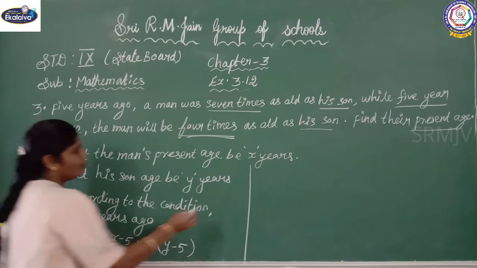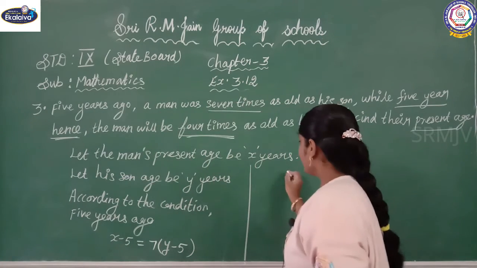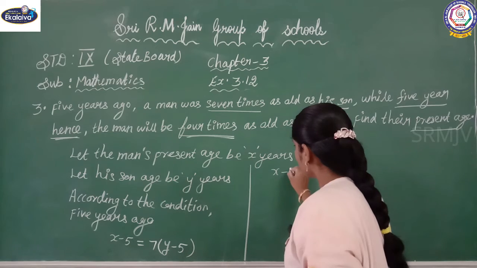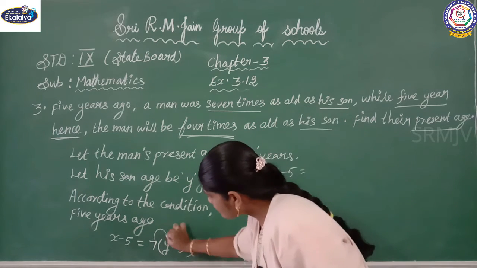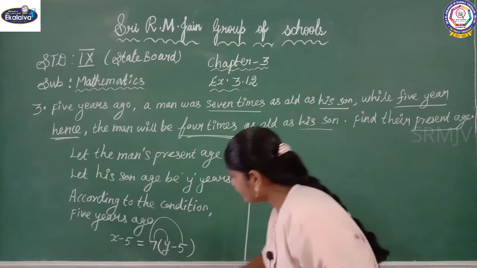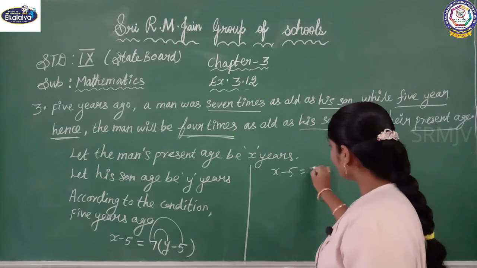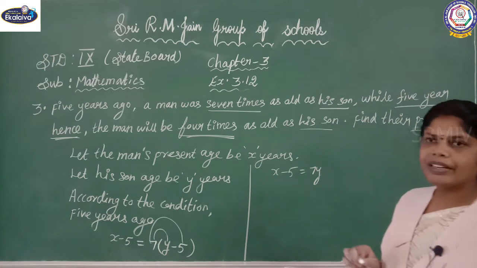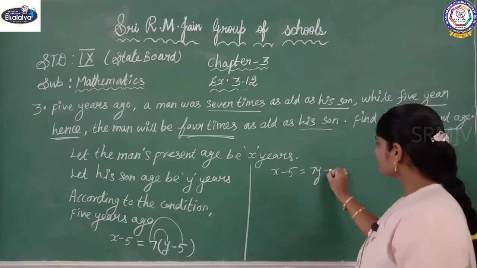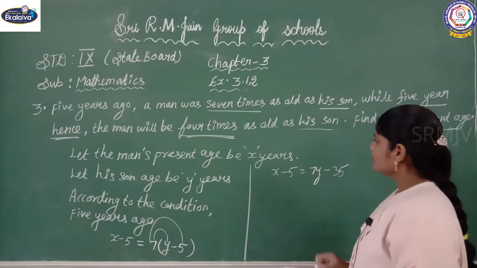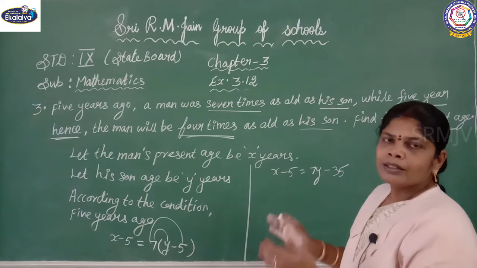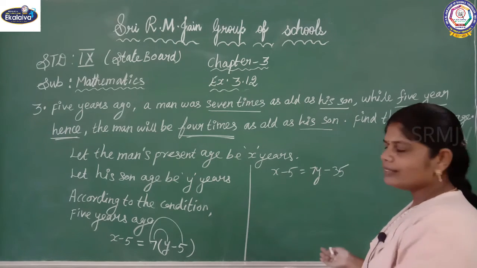Okay. Now X minus 5 equals, multiply 7 into Y and 7 into minus 5. So 7 into Y you get 7Y. 7 into minus 5 you get minus 35. Okay. Now you bring the variables to one side, constants to the other side.